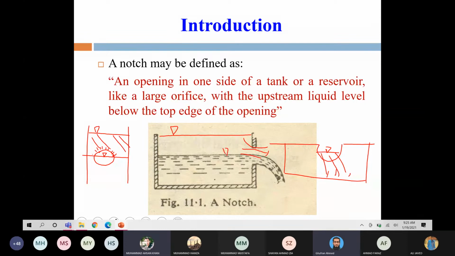Now the top surface is at atmospheric pressure. The water comes out due to the atmospheric pressure and obviously due to the flow velocity from behind.